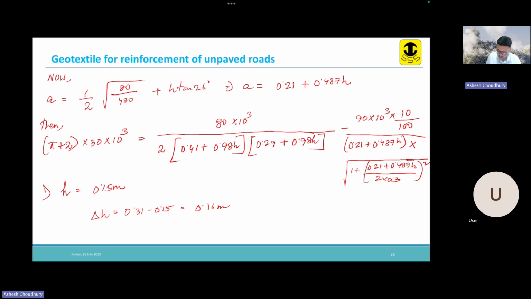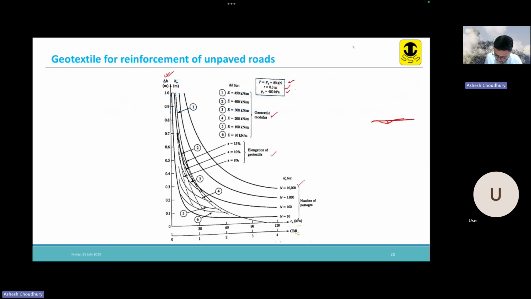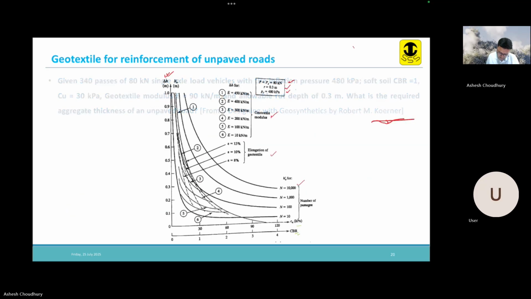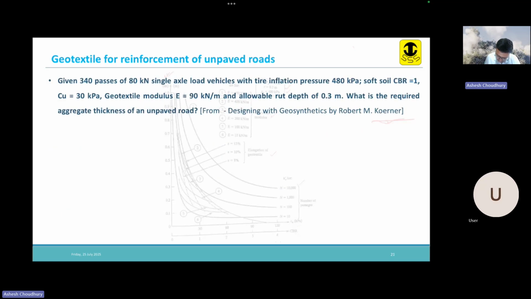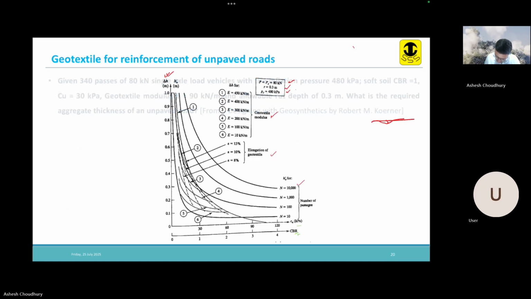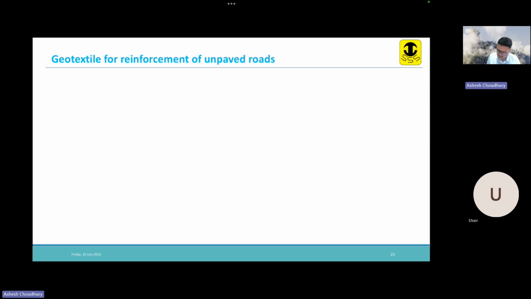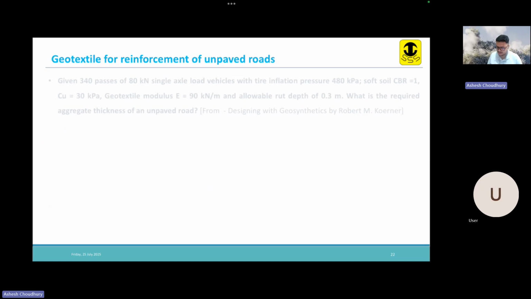All right. Now the same thing you can also try to find out from this graph. So CBR is 1, right here. Then elongation is 10%. So you assume it is elongation, this is my epsilon, 10%.